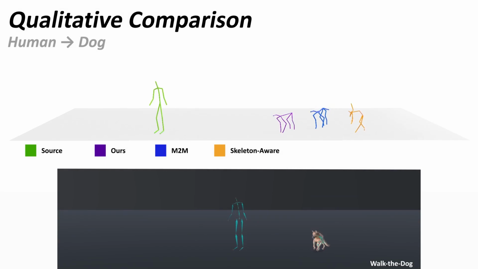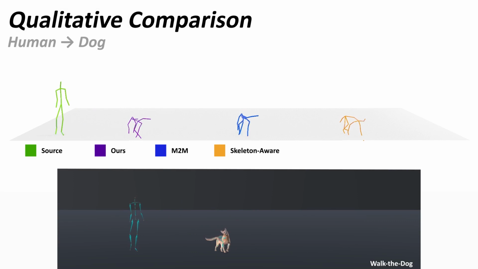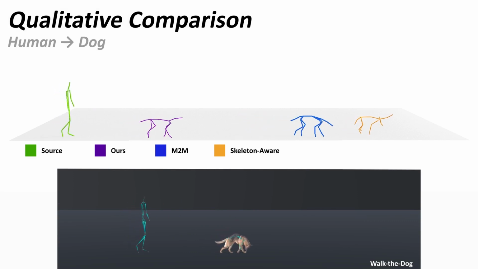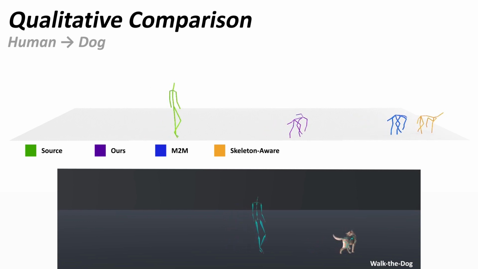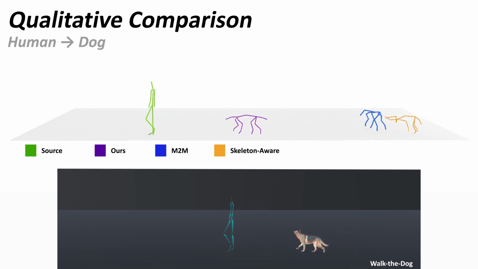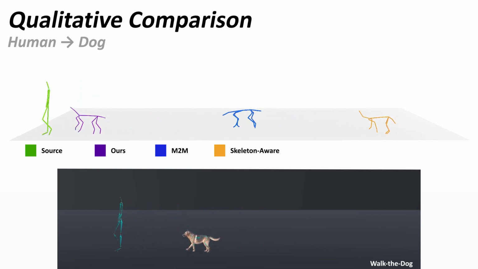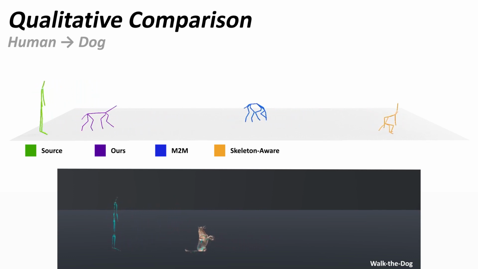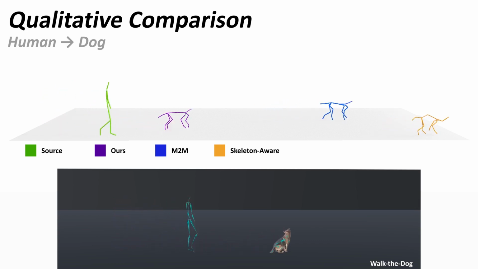We compare our approach to a skeletal-aware baseline, motion-to-motion, and the walk-the-dog methods. Our results exhibit superior motion quality and semantic fidelity, while the other methods struggle with retargeting or introduce artifacts such as foot sliding. The skeletal-aware baseline fails to support cross-morphology retargeting, producing unnatural motions and poor semantic preservation.